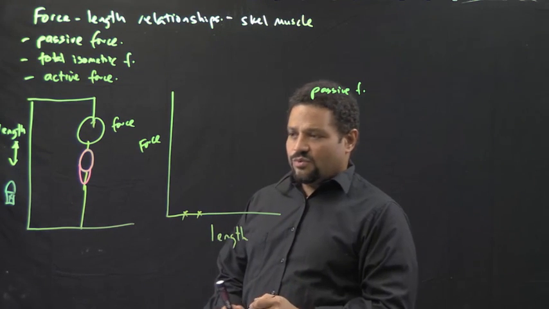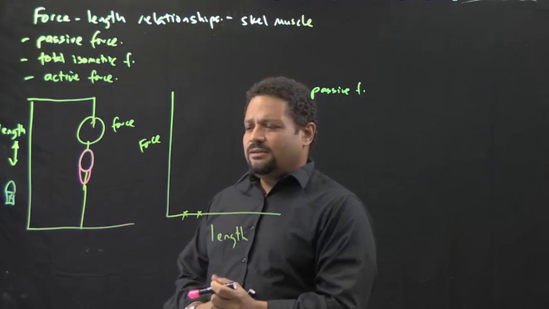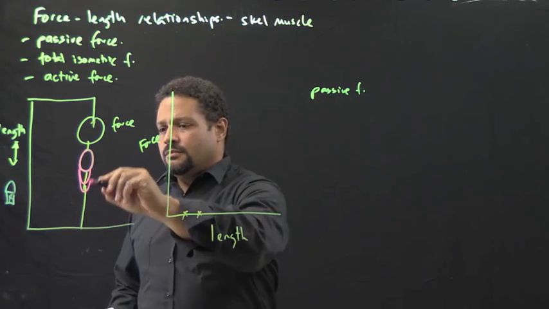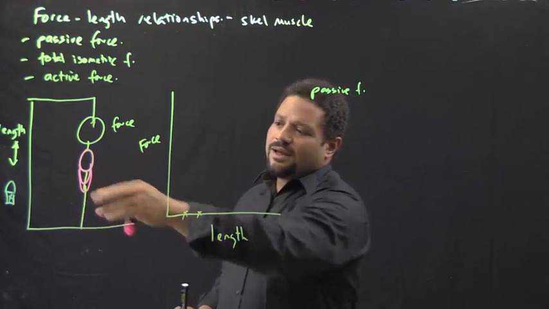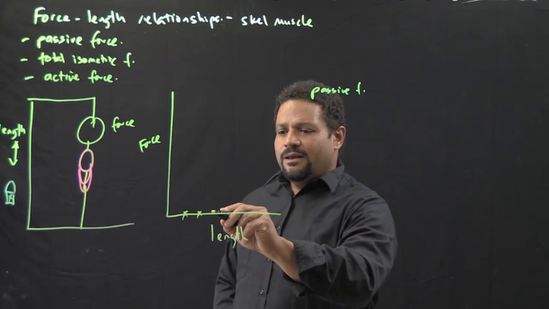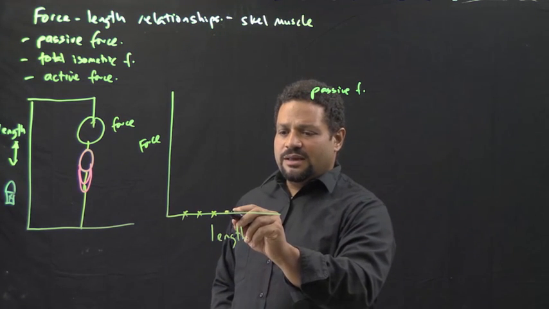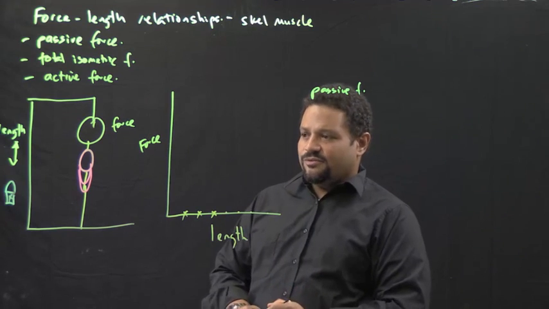Again, the force will be 0. We stretch the muscle again by sliding this apparatus down, and this elongation of pink represents the elongation of the muscle. And again, the force is 0. I'm just putting markers for myself.